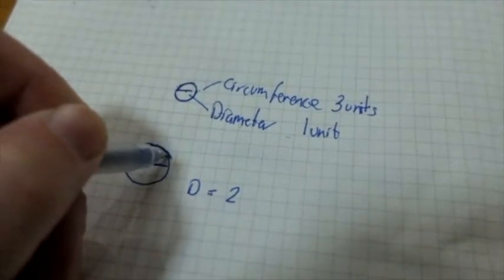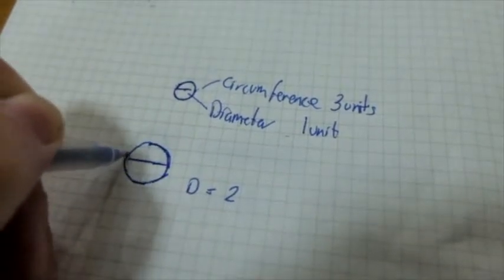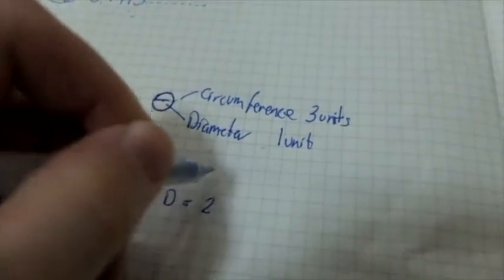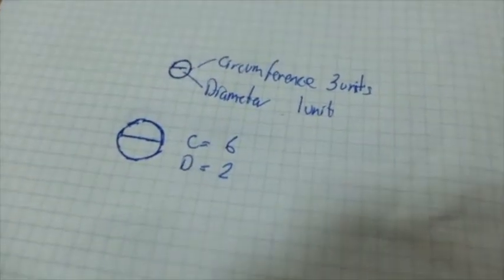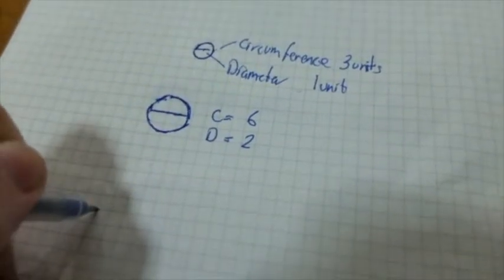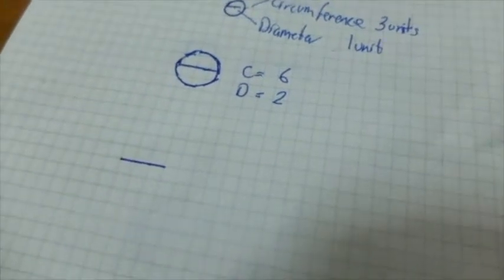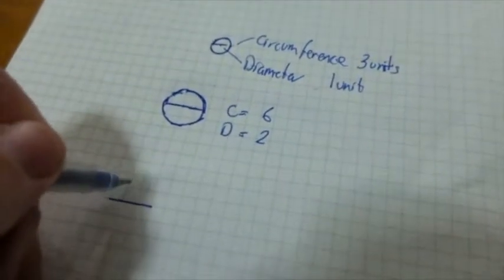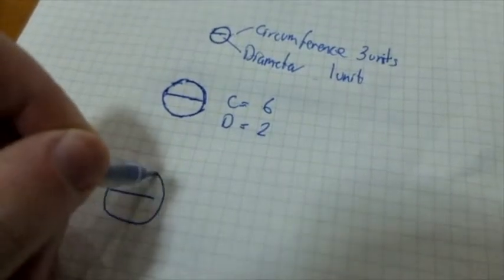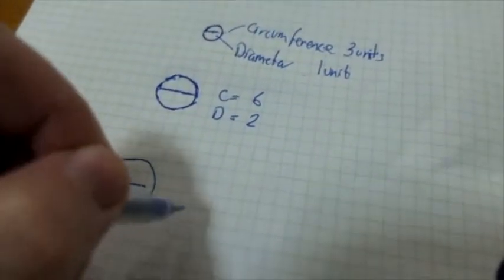It's about 1, 2, 3, 4, 5, 6 units. So in that case, the circumference is 6 units. Let's try one more circle here, 1, 2, 3 units across. So we're going to have our circle look something like that. It would be better if we had a compass, but that's fine enough.